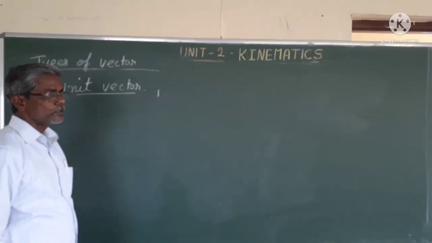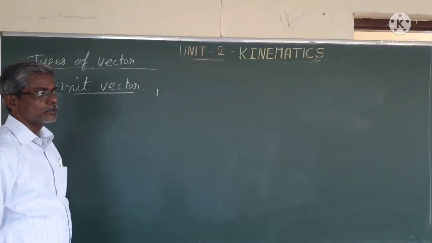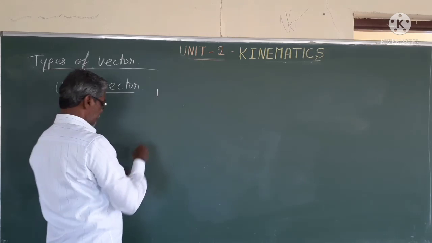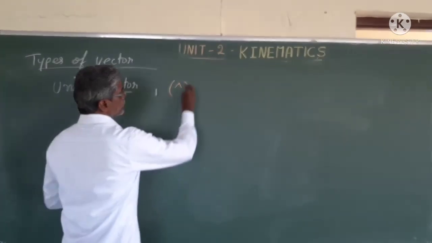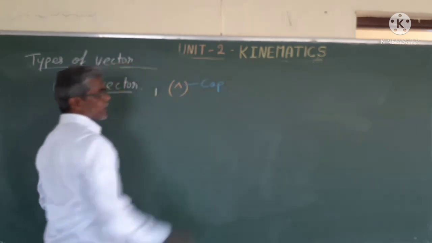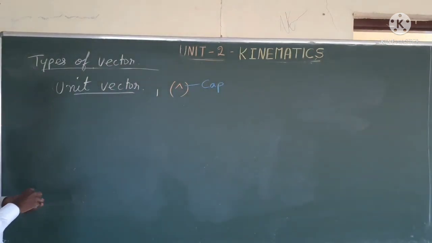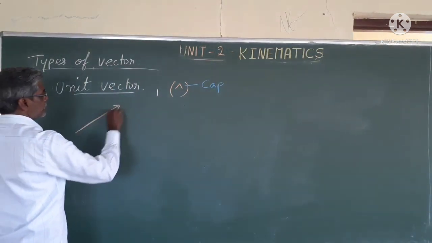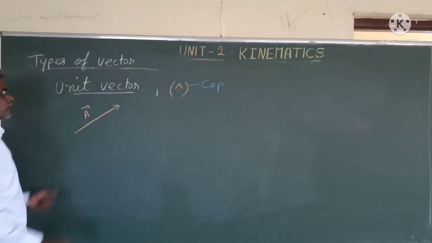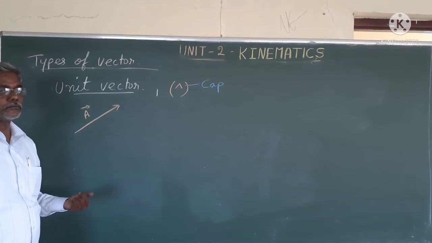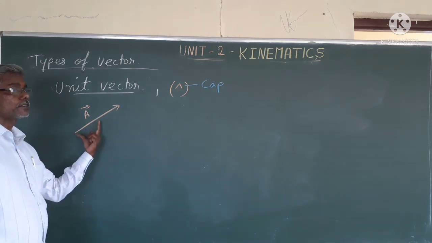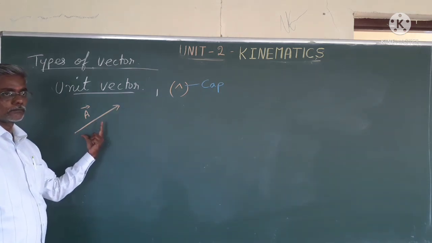Whose magnitude is 1, then we can call it a unit vector, and it is represented by cap. Now you see, this is a vector. Can I call this one a unit vector? No, because its magnitude is greater than 1.